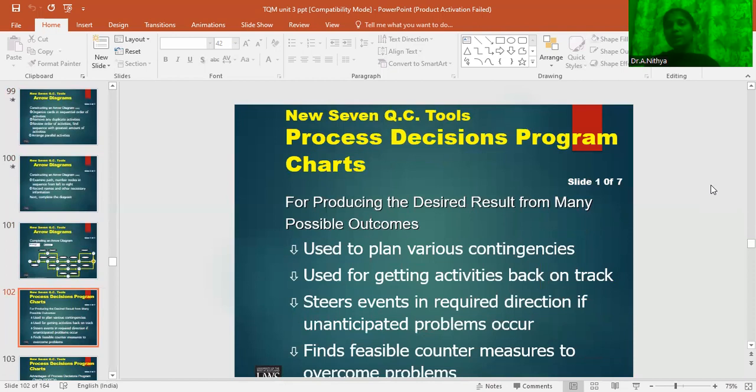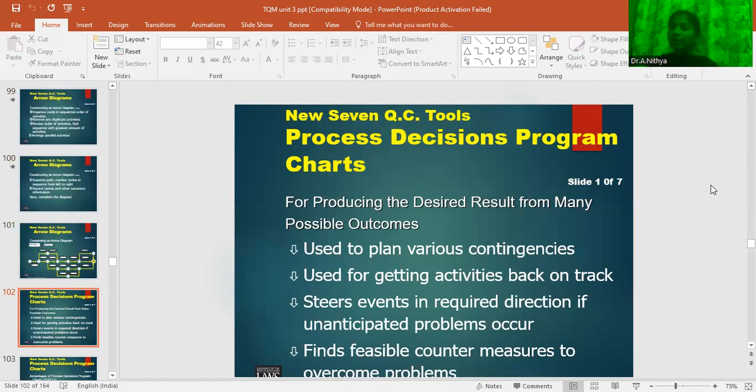Next one is PDPC, that is Process Decision Program Chart. Sometimes a plan may work or may not work. In that case, we have to go for another plan. Sometimes the plan may not go according to expectation, so we have to prepare a PDPC chart.